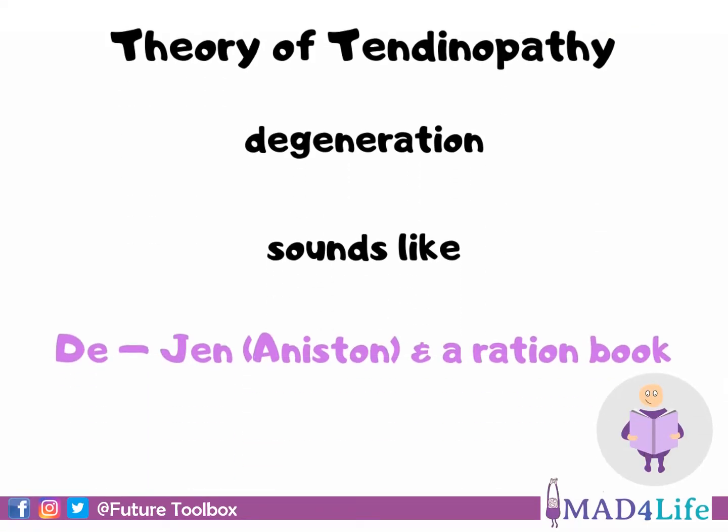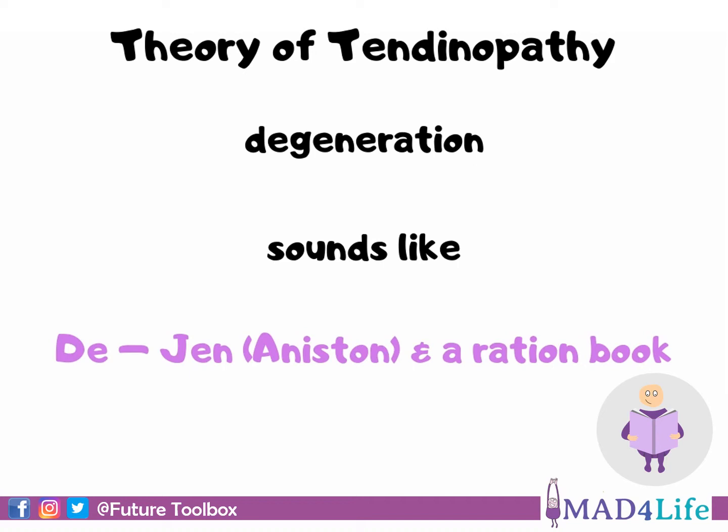Final one, degeneration. We're going to play with this. We've got degen, and if you look at the little bit at the end there, it spells ration. So we think of D and Jen. Well, the first person I think of that's called Jen is Jennifer Aniston. So we're going to imagine that degen said in a very bad German accent, degen. And the next one is ration, said in a sort of really bad South American accent, ration.